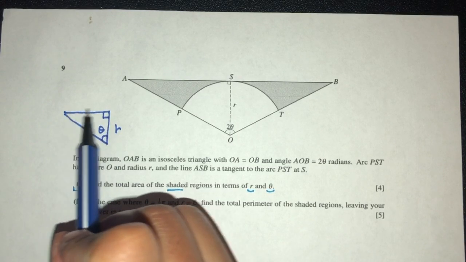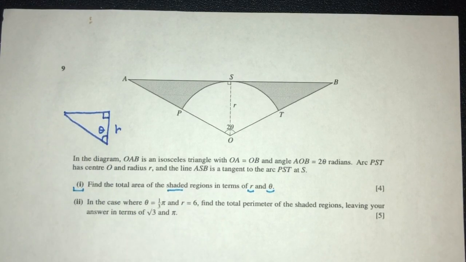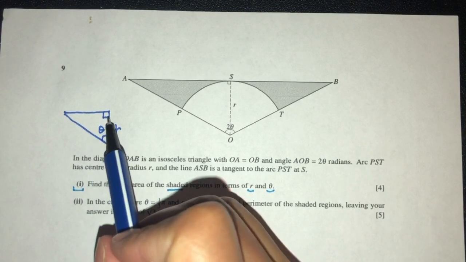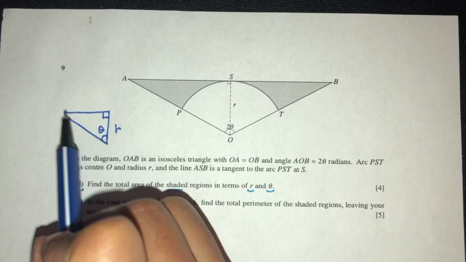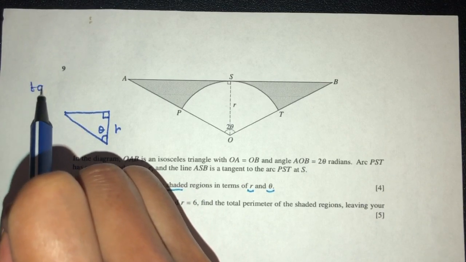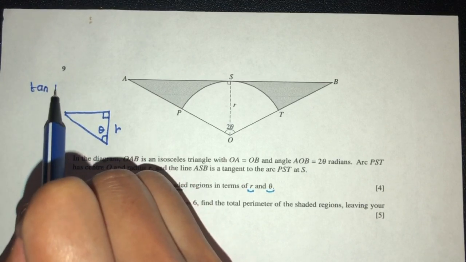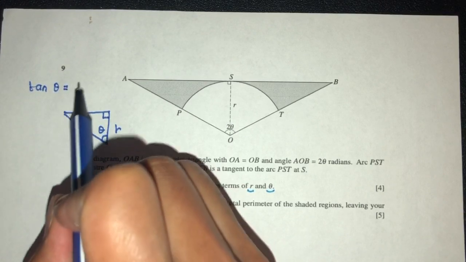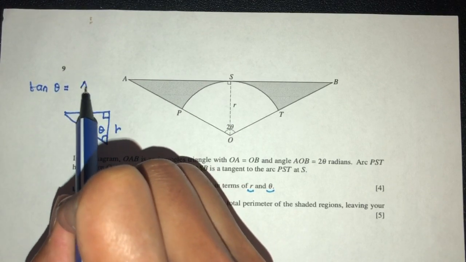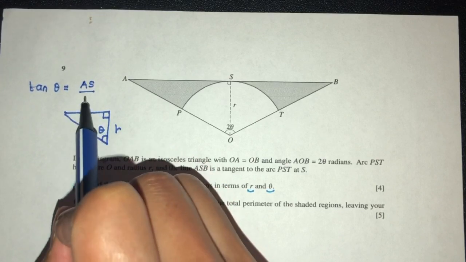Now, how can we find this? We can find this by using SOHCAHTOA. Right, so this is my A side, and this is my O side. So I can use tan theta is equal to the O side that we don't know, which is AS, over r.